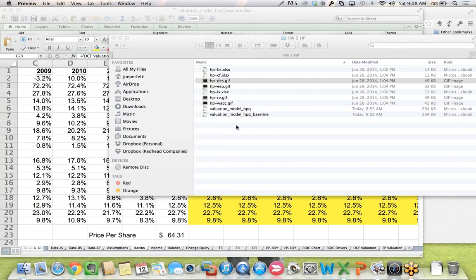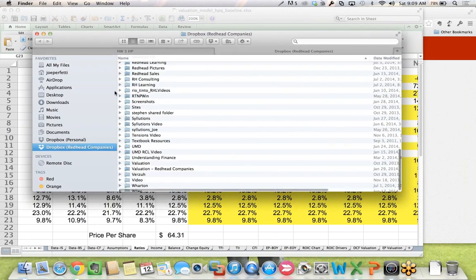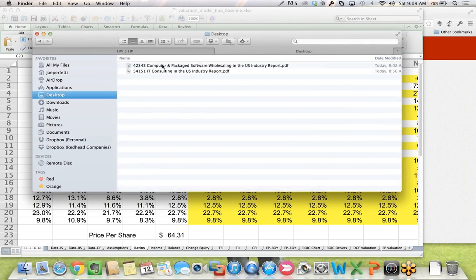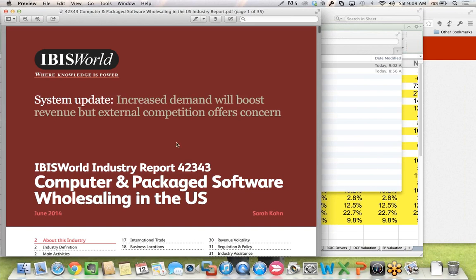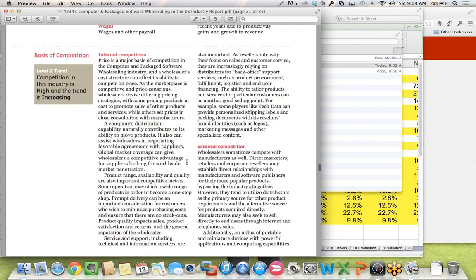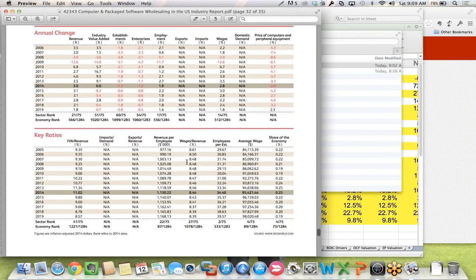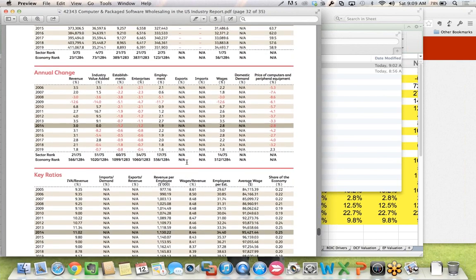Now, what's interesting is that if we go into HP, go to the desktop here, and look at the growth rates in IBISWorld, at the bottom of the report, we see that the revenue growth rate for computers is low single digits, 2 to 3%.